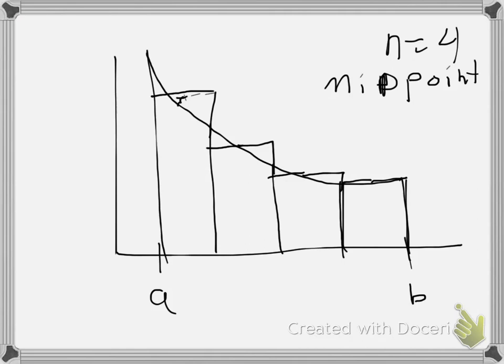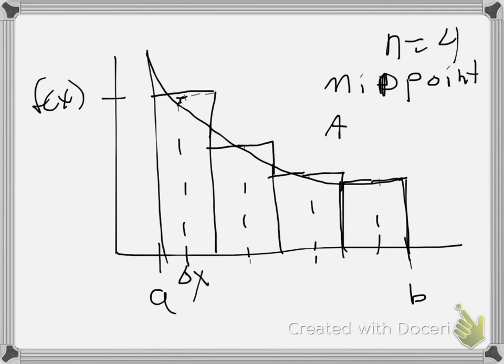We just go to the midpoint, go up to the graph, and we get f of x, and each of our changes down here are the same. So again, the area of one of those rectangles is f of x delta x, the height times the change in x. Nothing more to it.